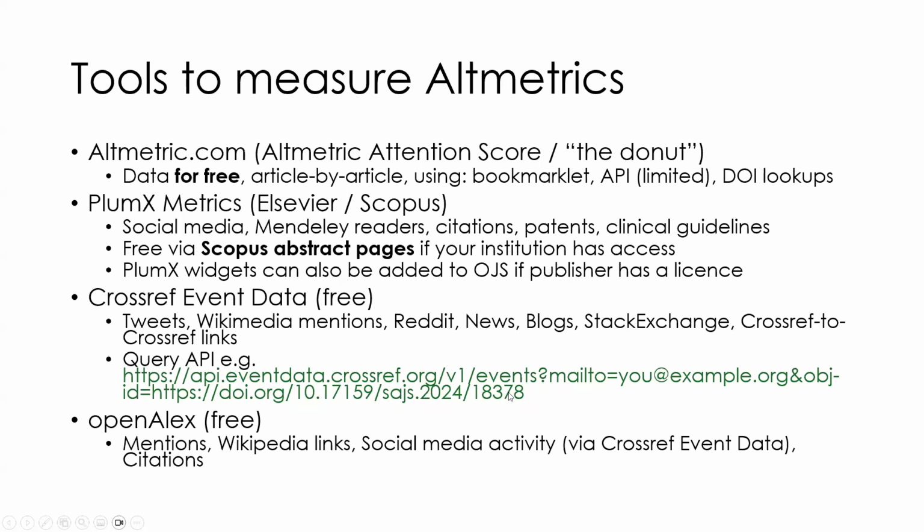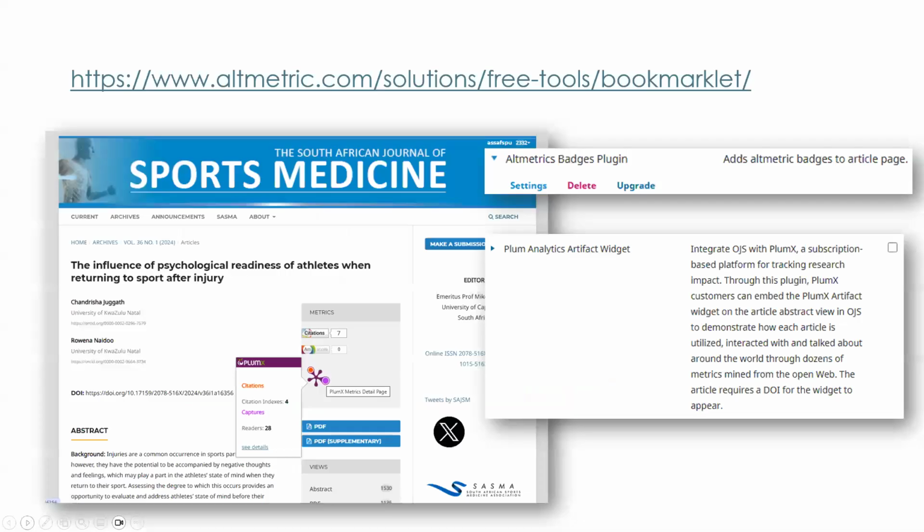This call is only on article level. Then OpenAlex, which is free, can be used to track mentions, Wikipedia links, social media activity, which they access through Crossref event data, and of course citations.